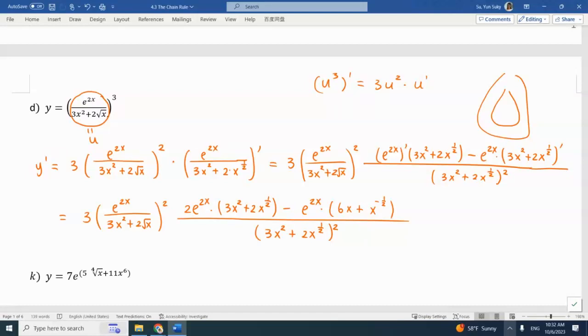Step 2, we did quotient rule. Write down the quotient rule. Then next step, we look at which factor has the prime, and we take the derivative of that. Okay, everybody? Do not simplify. Just leave your answer like this. As long as all the factors have no prime, you are done with the problem.